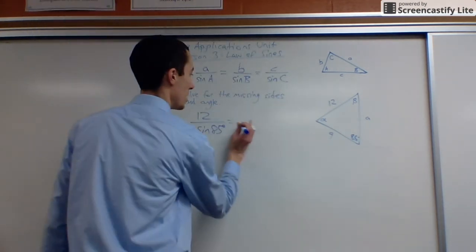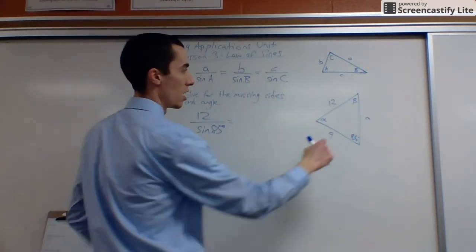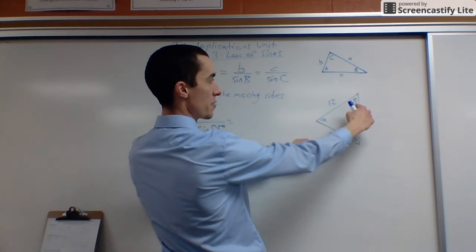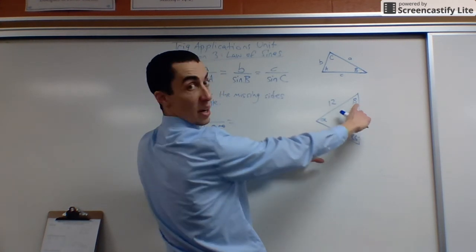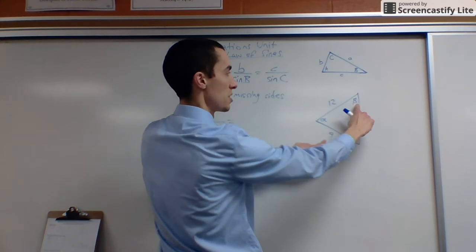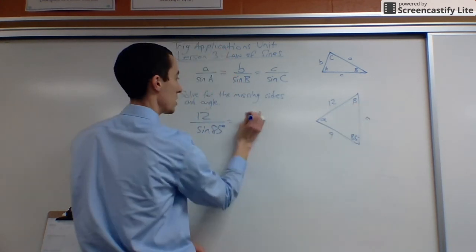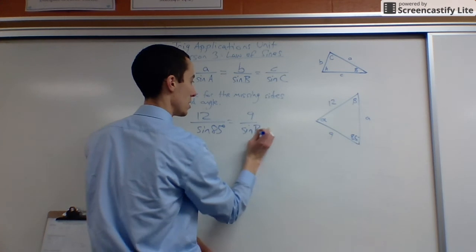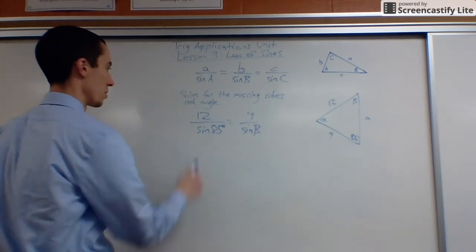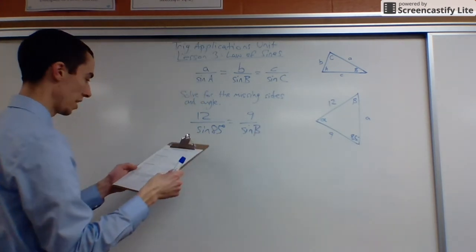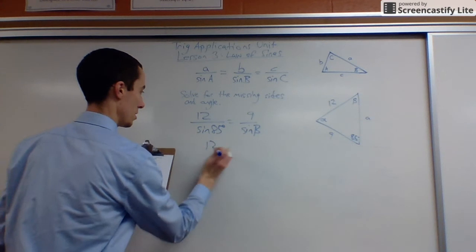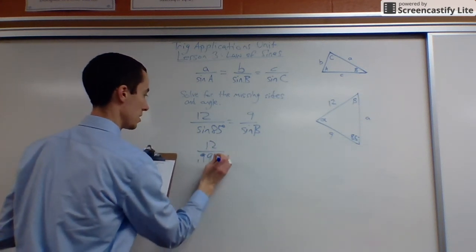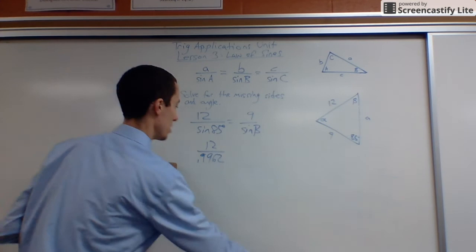Now, I need to set up a proportion of angle and side where I'm given at least one of the pieces of information. Otherwise, I'd have two variables involved. So I'm going to use this pair, 9 over the sine of beta. So the sine of 85 degrees, enter that into your calculator, and you would have 0.9962.